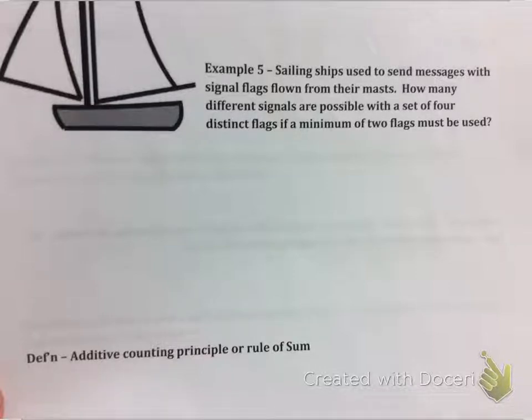And when we're looking at either 2 or 3, 3 or 4, when you have to use that word or, it means that we're going to have to add something together, because we only multiply things that are happening at the same time. So we need to break it up.